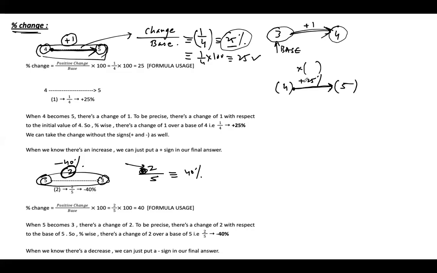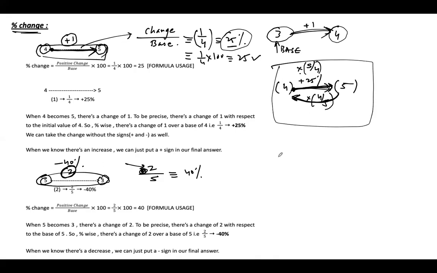Multiplying by 5 by 4, plus 25%. If you're multiplying by 5 by 4 in going from left to right, then from right to left, what will you be multiplying? From left to right, it would be 5 by 4. So right to left, it would be 4 by 5. Very important. Looks easy, but is very important.